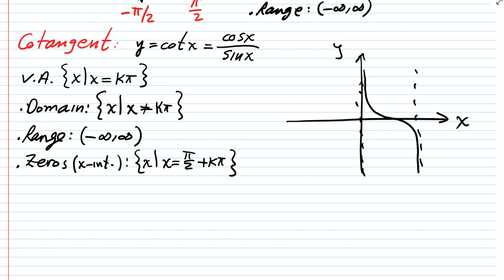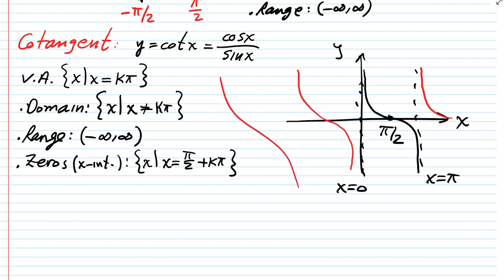The vertical asymptote is going to be at x equals 0 and x equals pi. The intercept is at pi over 2. Then that will be one cycle of the graph. The other portions of the graph, we realize this is periodic. You can kind of see how this goes.